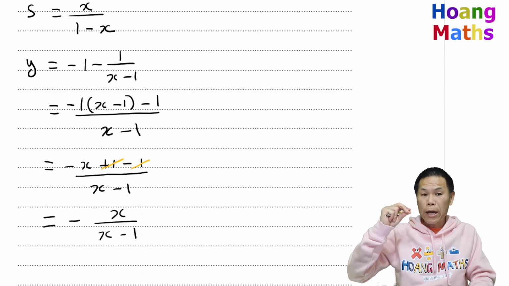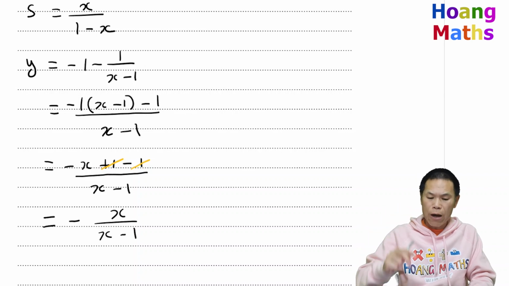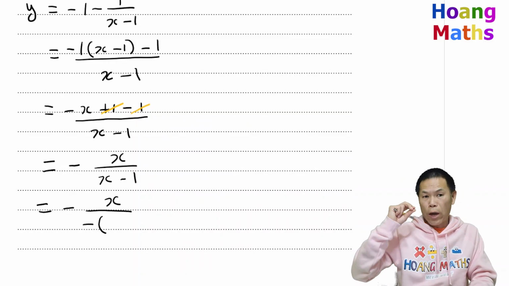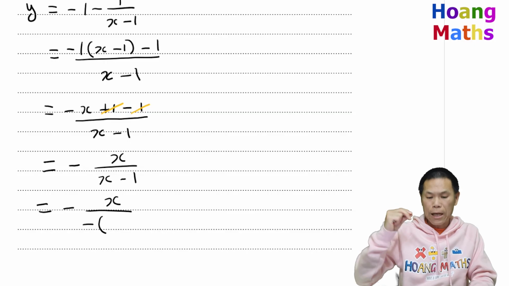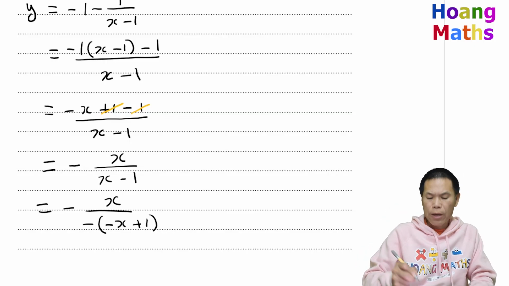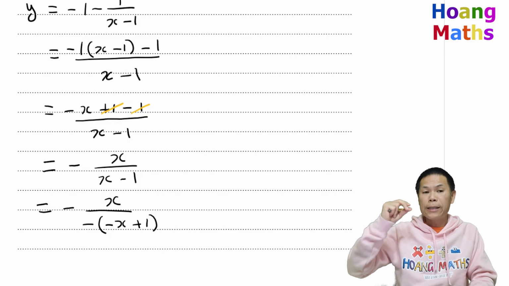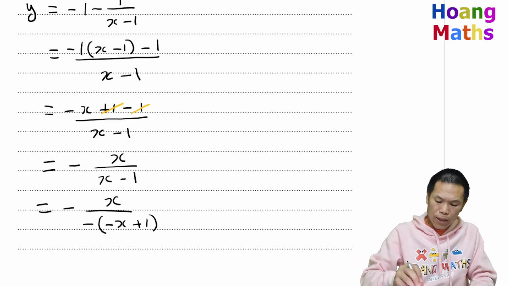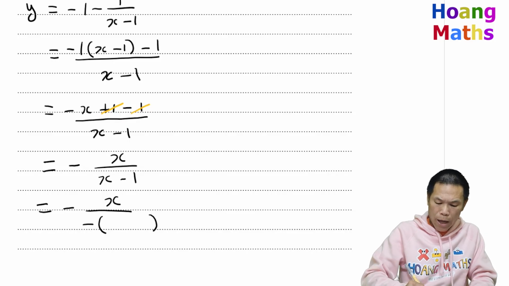Now with the denominator, if I take the negative 1 out, that will give me negative x over negative, so x becomes negative x plus 1. But negative x plus 1 is the same as 1 minus x. So let me just rewrite this for you. So it becomes 1 minus x, and these two negatives cancel out.